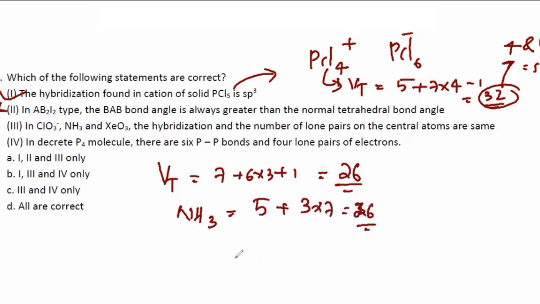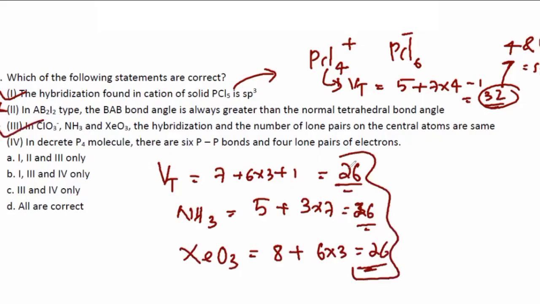If the valence electrons are the same, then hybridization and lone pair are all the same. XeO3, xenon has 8, oxygen 6 into 3, so that's 26. So that statement is okay. All have the same valence electrons, so all belong to 3 bond pairs, 1 lone pair with the hybridization of sp3. Thus that is perfect.